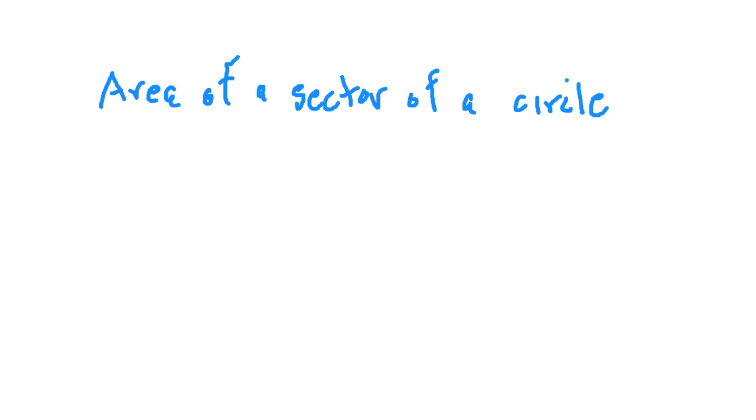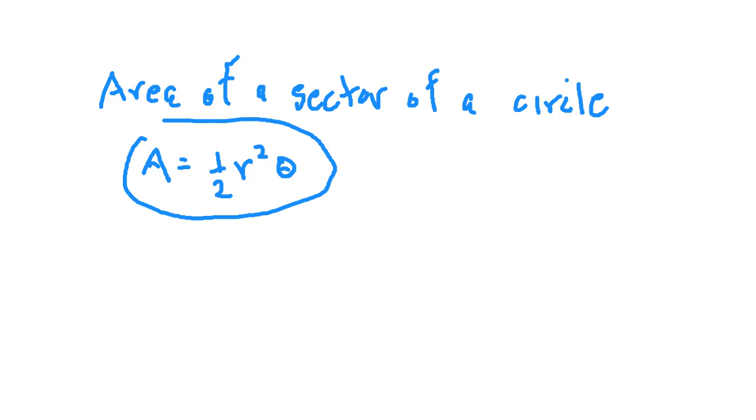In section H.2 in the appendix, they give the area as 1/2 r squared times theta. Well, think about this. This is the formula. It's not hard to prove it, but let's just motivate it with an example, to show that this makes sense.